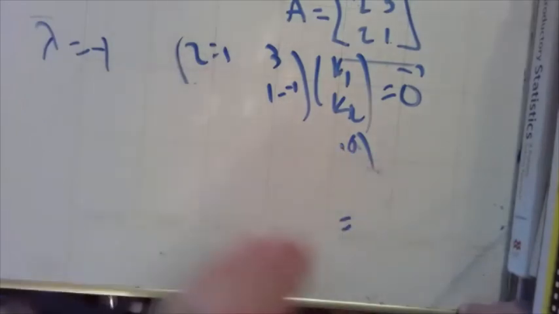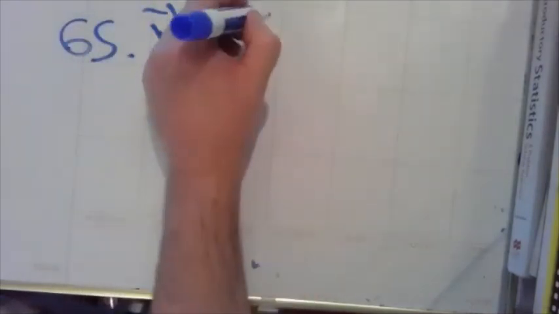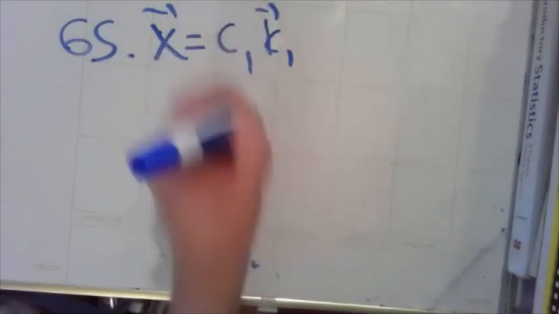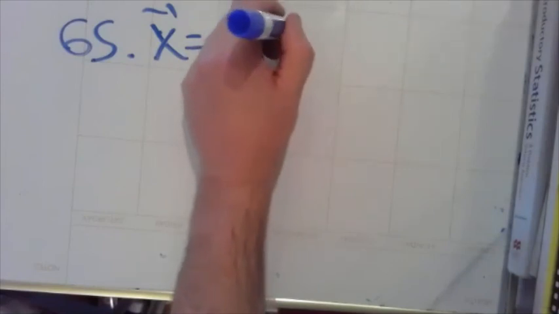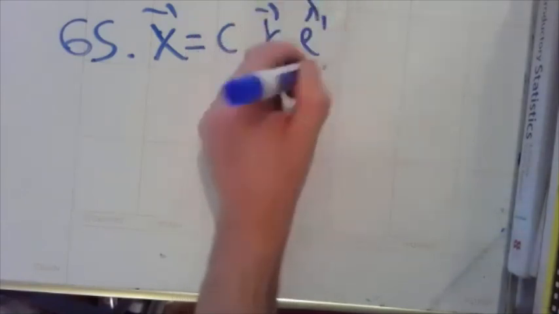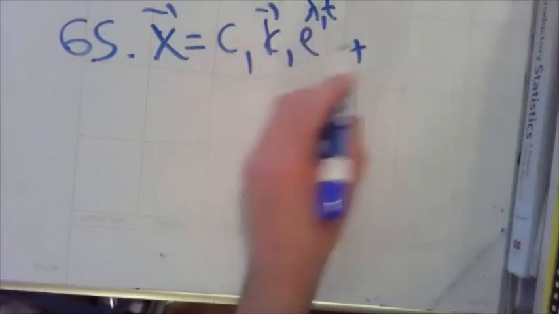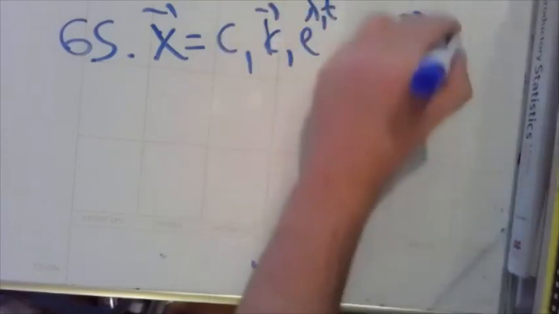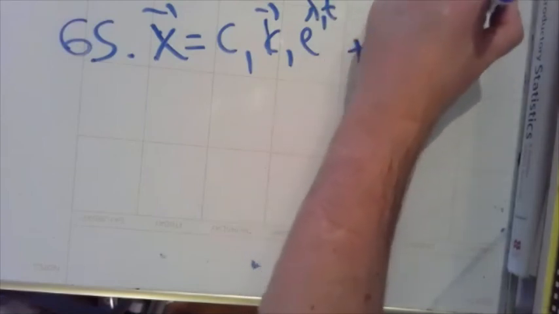Right, then my general solution will be x vector equals any multiple of that first eigenvector times e to the lambda t plus any multiple of that second vector e to the other lambda t.